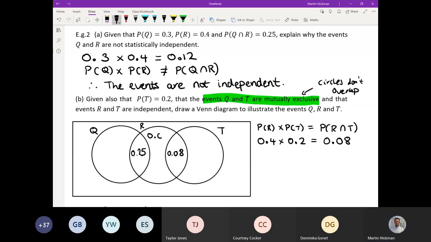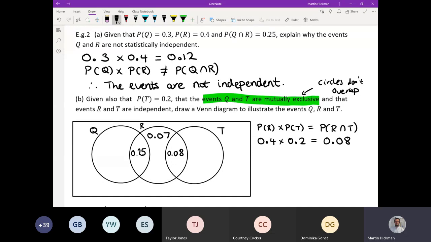I need an extra 0.07 there. Now that whole circle adds up to 0.4, split between where only R happens, where Q and R are happening but T isn't, and where R and T are happening but Q isn't.